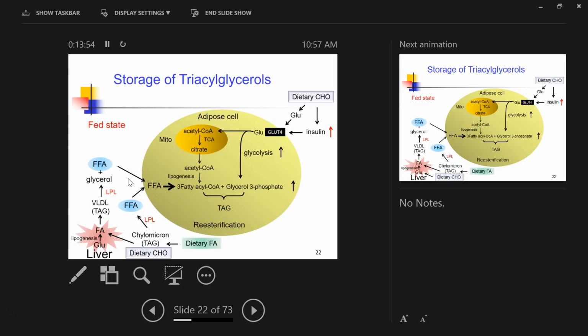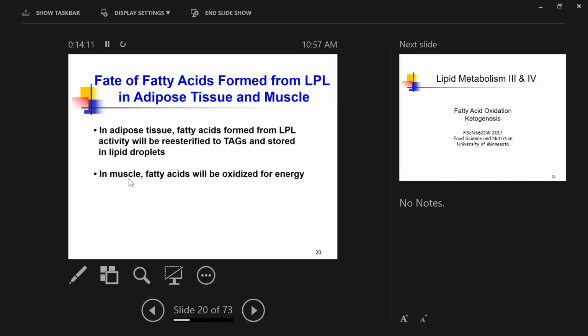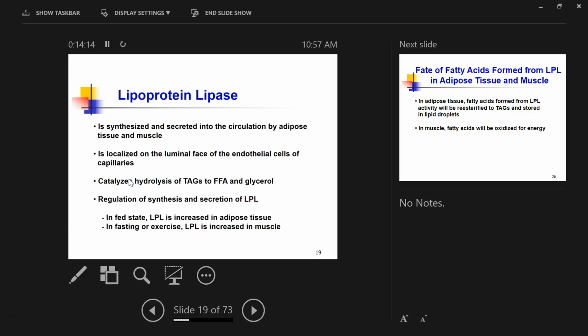And 17, what is the function of LPL, and how is LPL regulated in adipose tissue and muscle in the fed state? I think we have a specific slide talking about LPL. The main function of LPL is to hydrolyze triglyceride in two lipoproteins, still remember, chylomicron and VLDL, and release fatty acids for uptake.